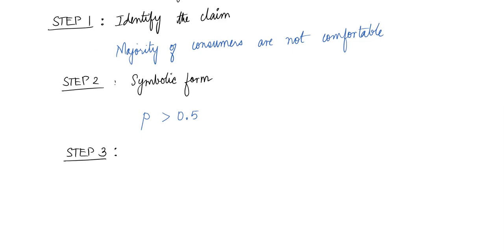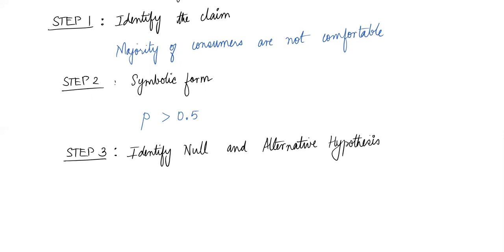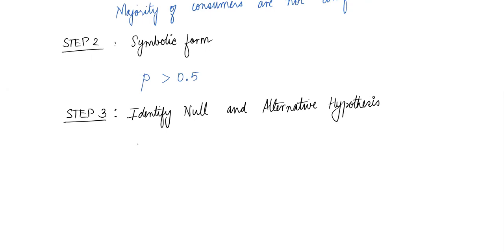Then we have step 3: identify null and alternative hypothesis. H0 is always the equals. So P equals 0.5.